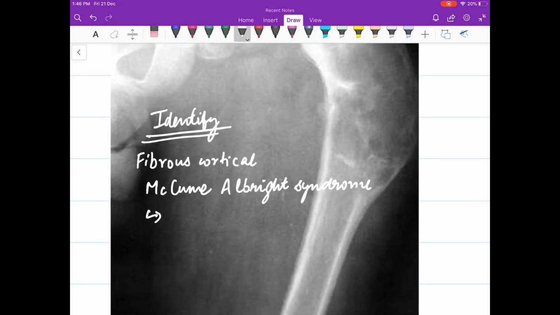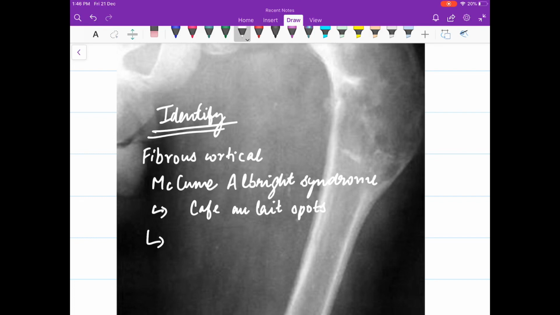And what are the other features you see in McCune-Albright syndrome? Cafe-au-lait spots and precocious puberty.